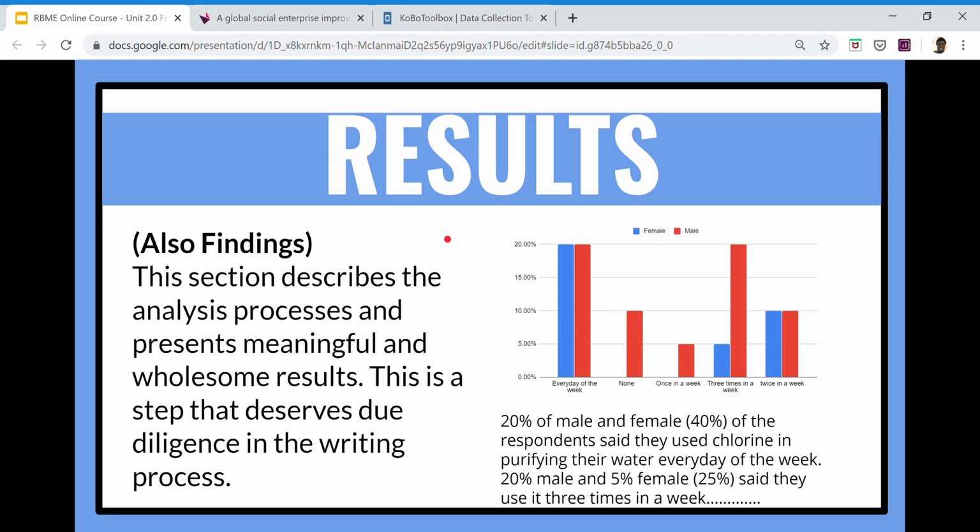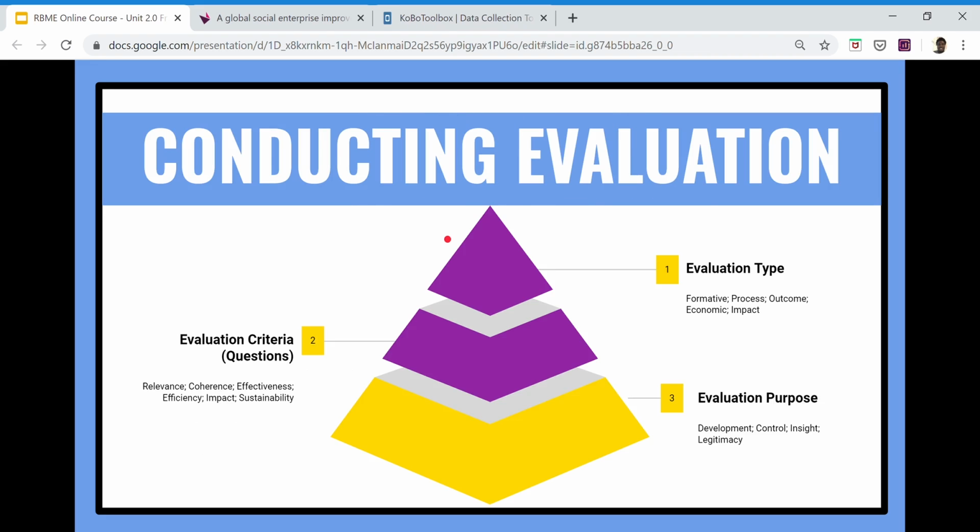One of the tasks is for you to create a recommendation document as a slide. From that we move to week 4, where we did conducting and managing evaluation, and we discussed the purpose of an evaluation, the types of evaluation, and also evaluation criteria. There was a task that allowed you to complete all these components as part of your case study.